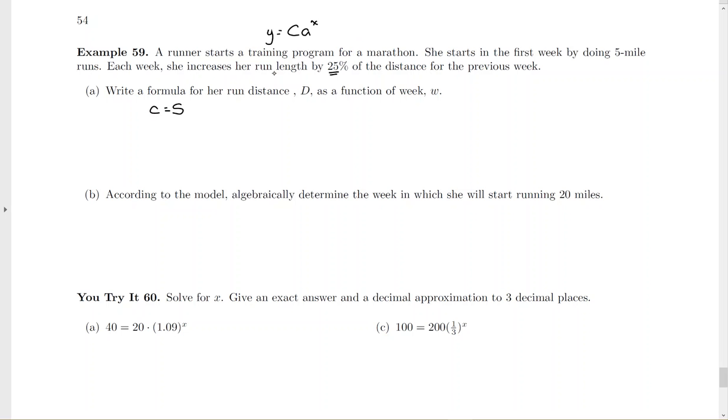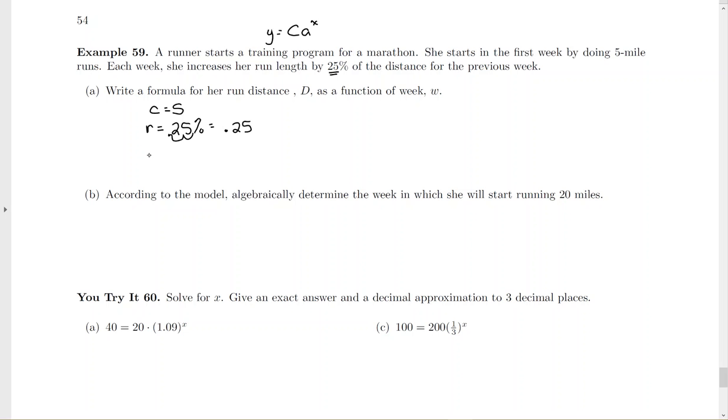She increases her run by a length of 25% of her distance from the previous week. So the 25% is a rate that we convert to a decimal, 0.25, when you move the decimal 2 places to the left.